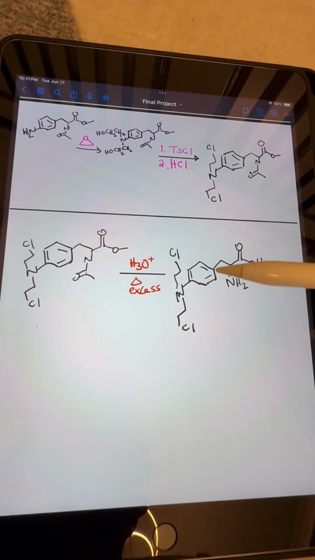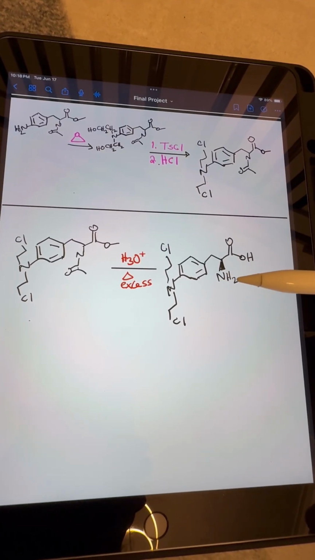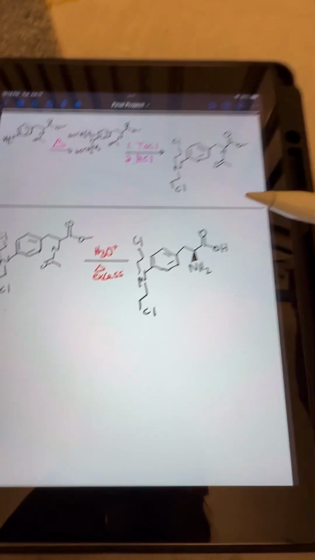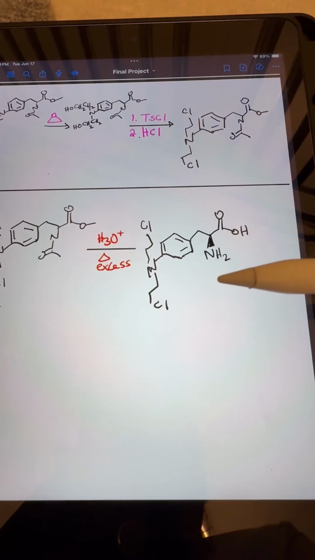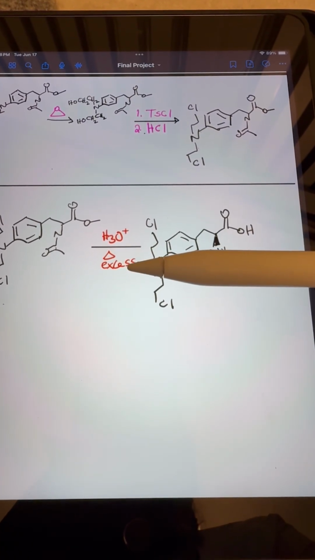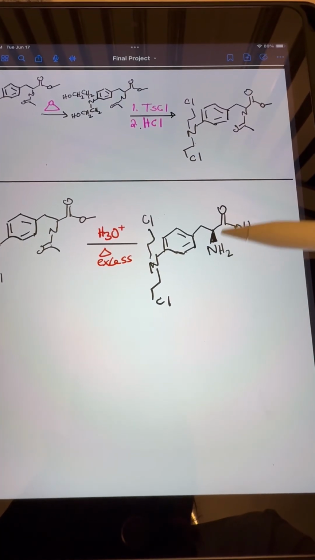That way it can deprotect the NH2 and my carboxylic acid. I thought of doing it in two steps, but because I'm using excess amount, I was able to come to this end point.